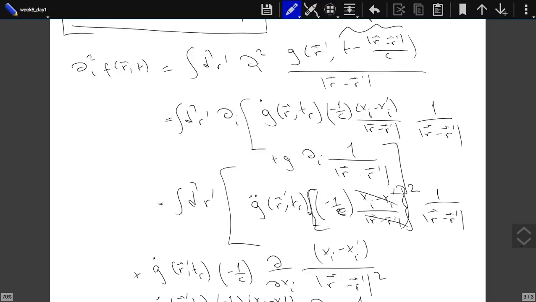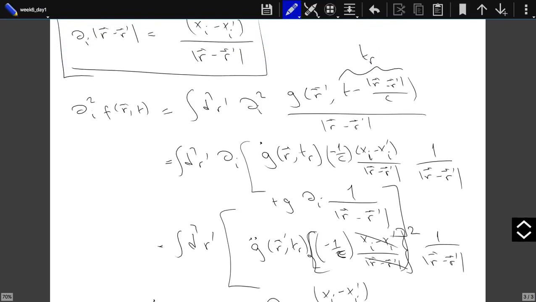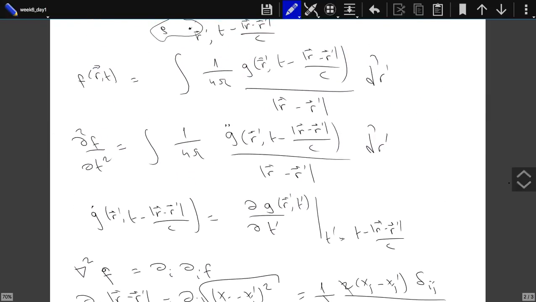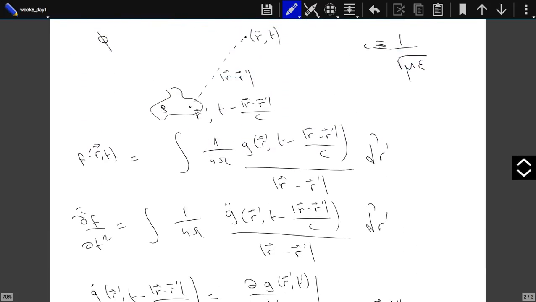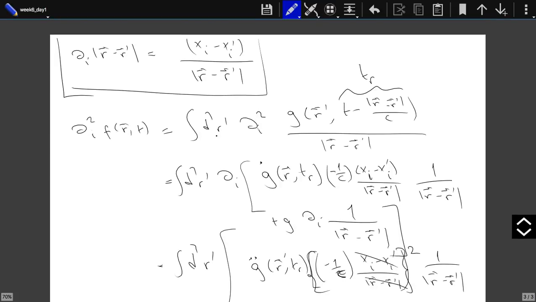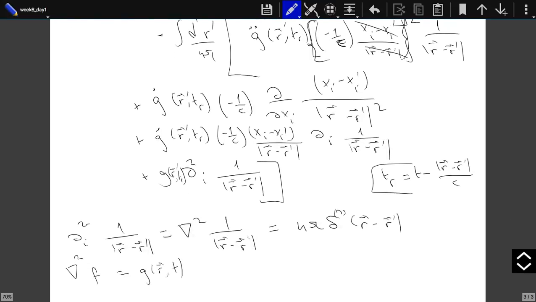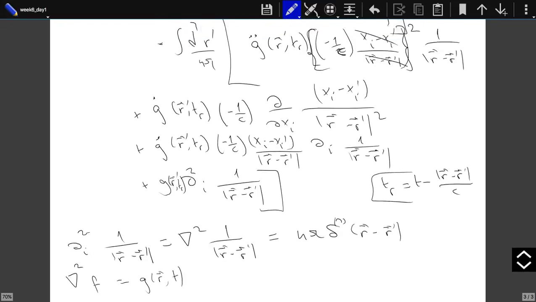Anyway, I can just take it out of this integration. What remains is just g double dot over r minus r prime integrated. Well, g double dot over r minus r prime integrated, I forgot this factor 4 pi, is just the second derivative of f. You see here I have 4 pi in my original definition, so it cancels this 4 pi.